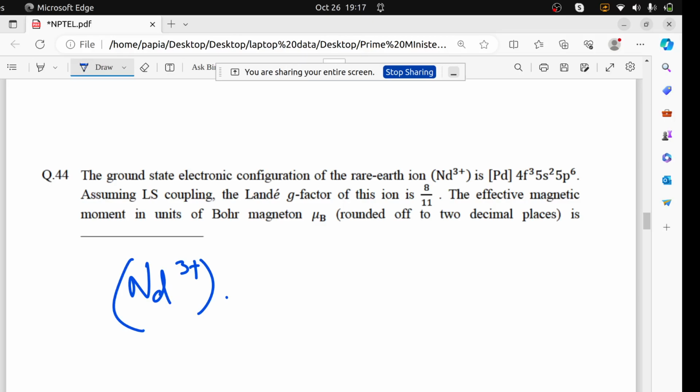Assuming LS coupling, the Landé g factor of this ion is 8/11. The effective magnetic moment in units of Bohr magneton mu B, rounded off to 2 decimal places, is what? They are asking basically what will be the magnetic moment of this ground state electronic configuration of Nd3+.